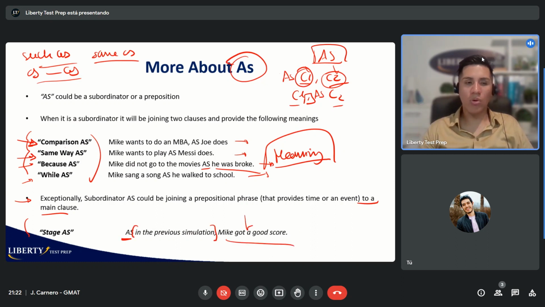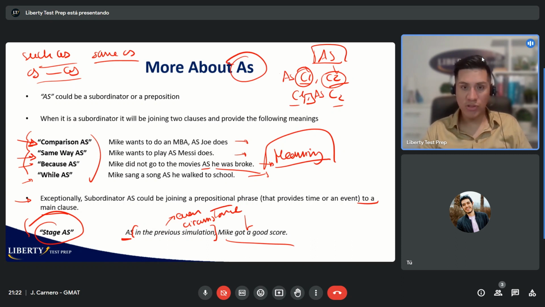That will only work when this prepositional phrase talks about an event or a circumstance, and you're trying to say that that event will happen again. That's the only meaning for that as. That's why we call it stage as. If you have that logical connection, then you can have that prepositional phrase instead of a subordinator as. Okay, is that okay?